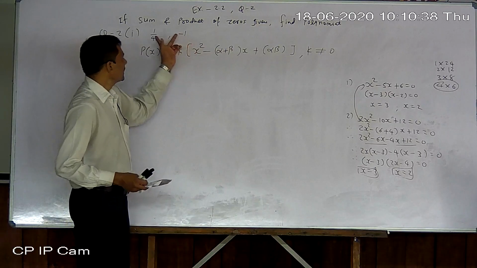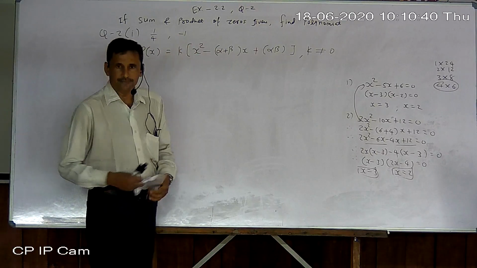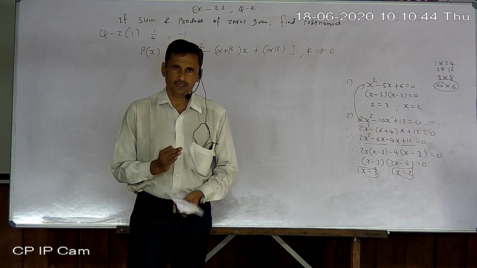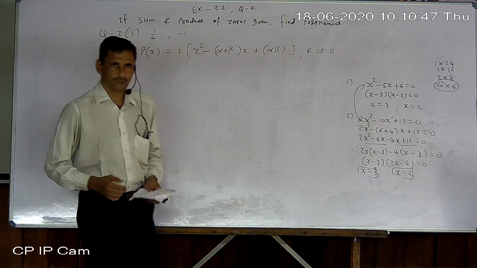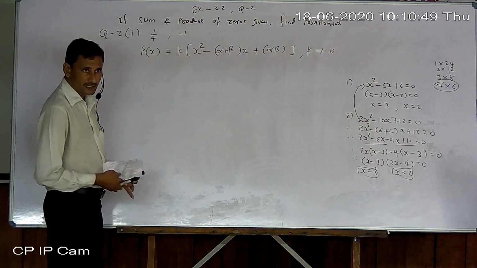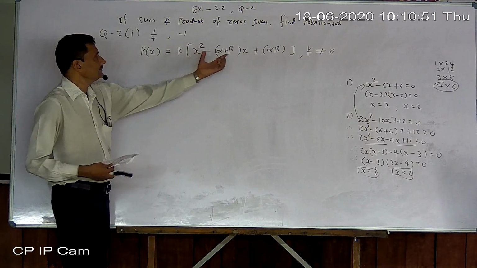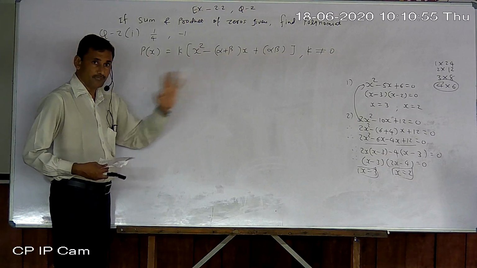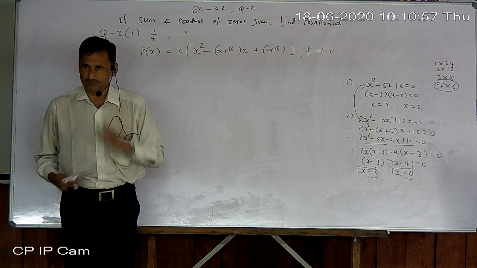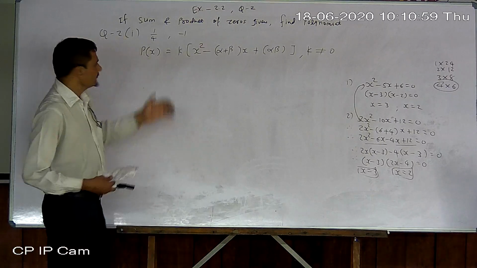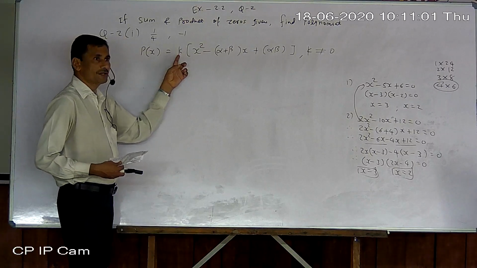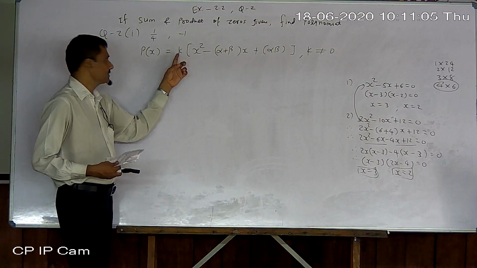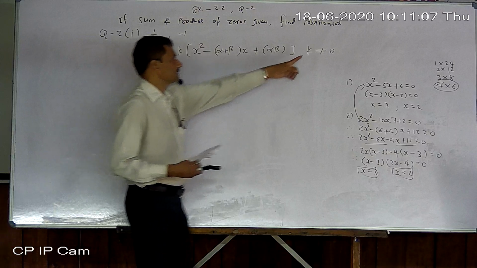If the sum and product of zeros are given, then there is not a fixed answer. So many answers are there, but we have to give the simplest form of that polynomial. Simplest form of that polynomial, you understand. That is why we have written k here. k is any positive integer, twice, thrice, means 2, 3, 4, 5, but never 0.